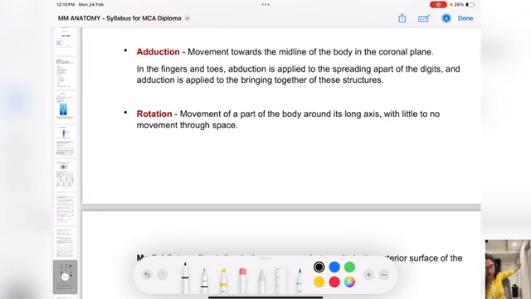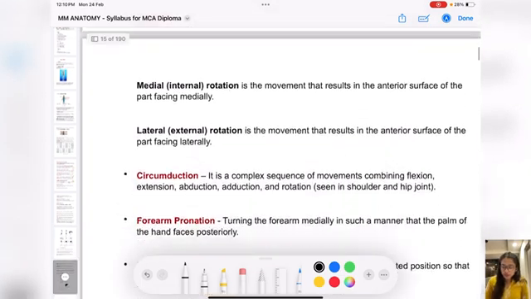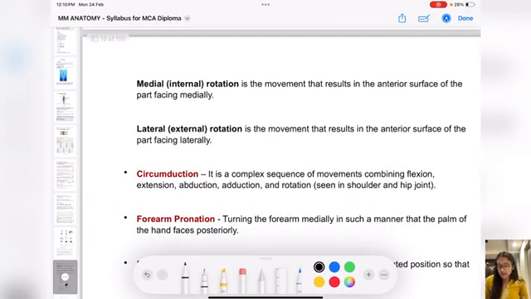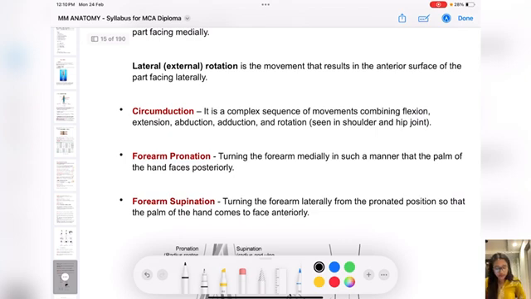This is rotation, or you can say this is rotation. Now medial rotation is the movement that results in the anterior surface of the part facing medially. Same with lateral. Circumduction, where all the movements take place: flexion, extension, adduction, abduction, rotation.